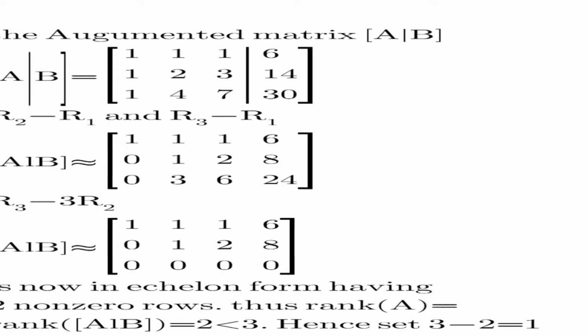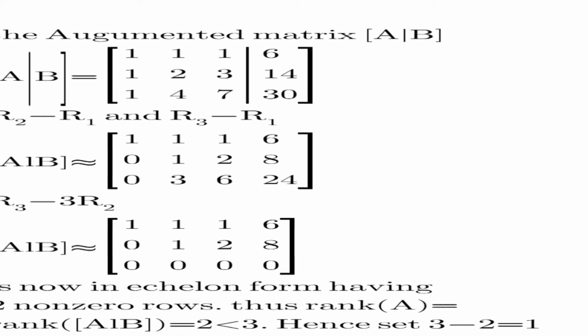We don't bother about the remaining elements, so we retain A11 and the remaining elements in the first column we will make 0. So we apply R2 minus R1 and R3 minus R1. So we have the first row as it is, 1 1 1 6. The second row R2 changes to R2 minus R1.